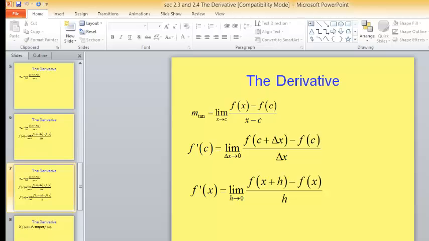But what I have here is a function, and that function will give me the slope of the tangent line anywhere, because you could put any number you want in for x. So it's f of x plus h minus f of x all over h.